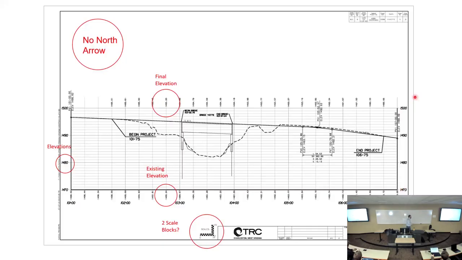So we plot those at different scales so that you can really see what's going on. And the idea is the dashed lines on this profile view are the existing elevations. This is what the ground looks like now. And then the solid line is what it's supposed to look like when it's all said and done. And here you can see the bridge. So really rocky terrain to a smooth road.